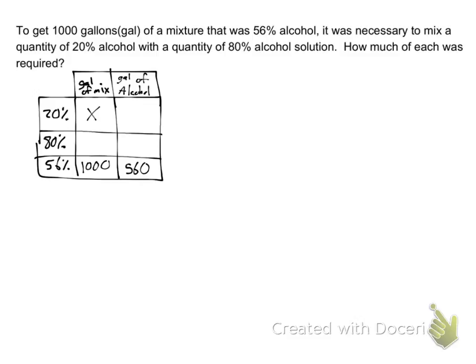So is there some link, guys, between the X gallons of 20%, some unknown 80%, and 1,000 gallons of 56%? Is there a link between them? They're the same thing. They're within each other.